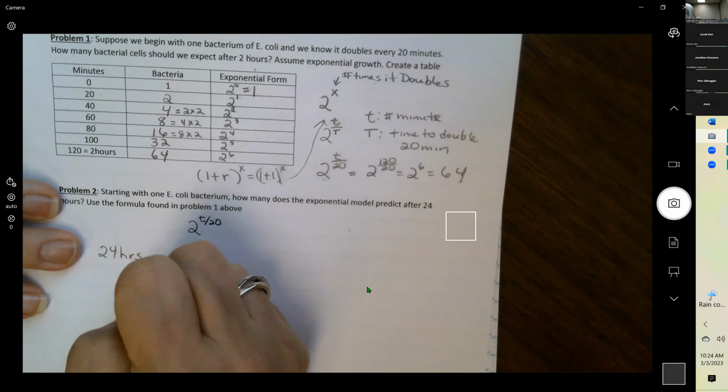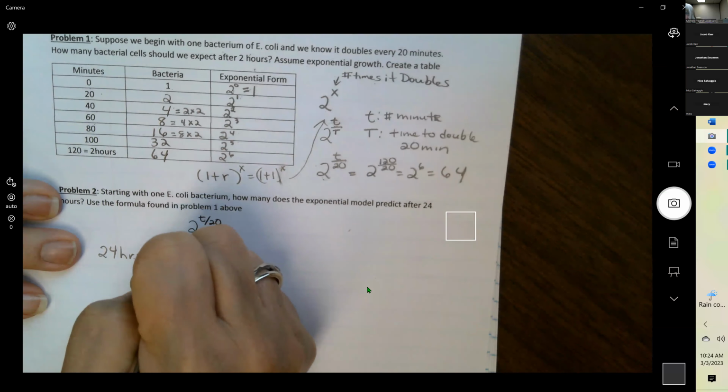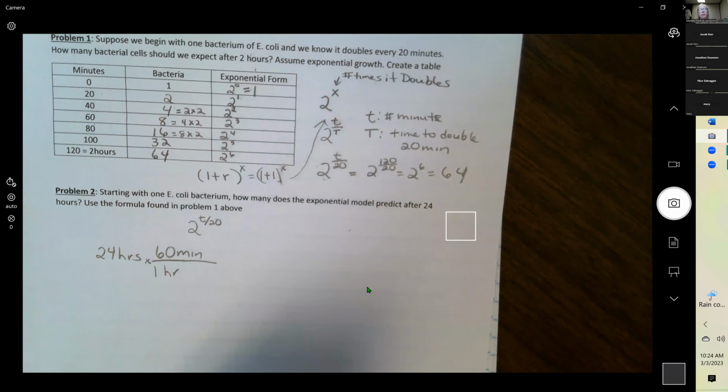One hour is 60 minutes. Now, was I right in putting the 1 hour in the denominator?